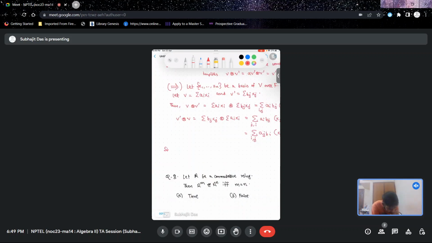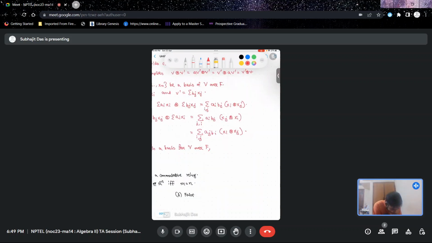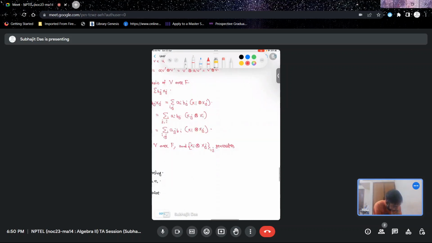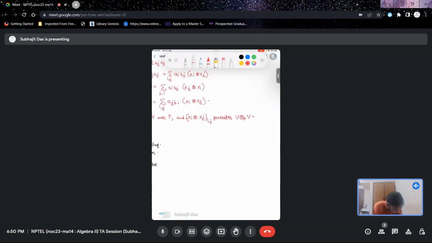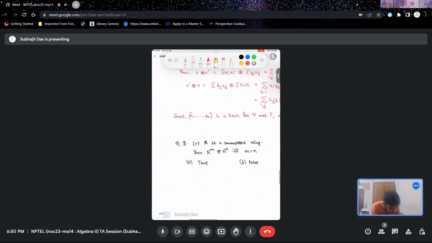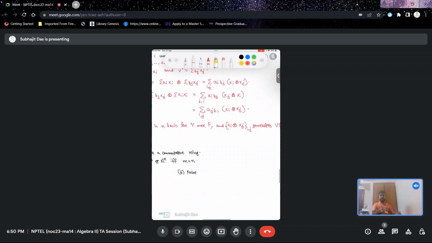Now since x1 up to xn is a basis for V over F, and the set of x_i tensored with x_j generates the tensor product by the construction of the tensor product, V tensored over F with V, which is isomorphic to F^n tensored over F with F^n, which is isomorphic to F^(n squared), and this set generates the tensor product, which is again an F-module, that is, an F vector space.